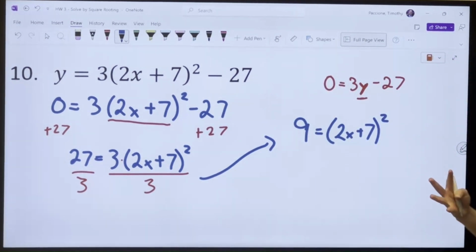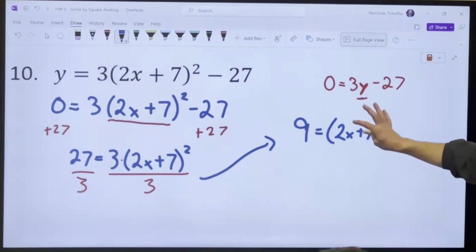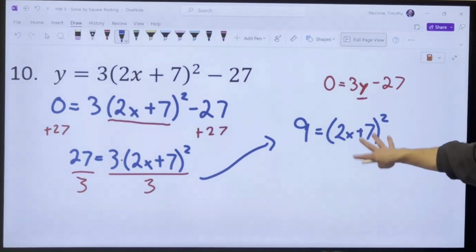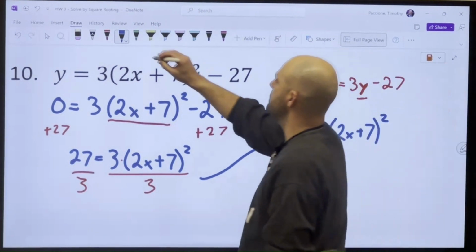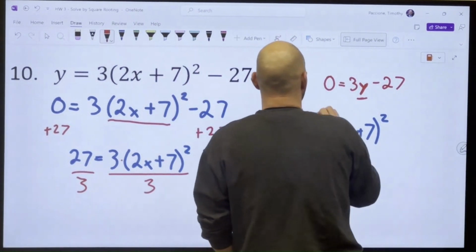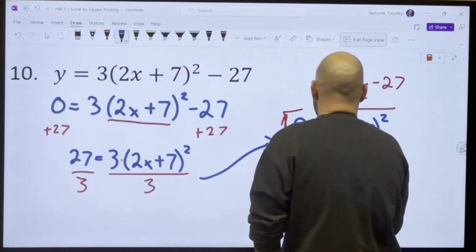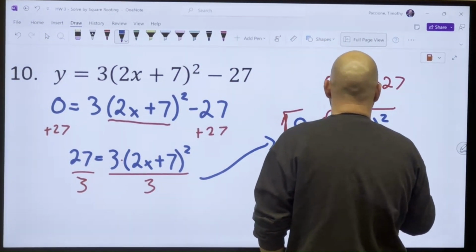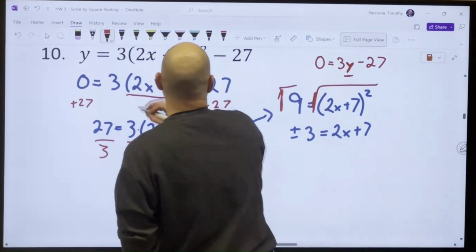Now what can I do? I have my squared thing on its own, so I can square root it. Yep. Square root. I get plus or minus 3 equals 2x plus 7. So that means I have two situations.